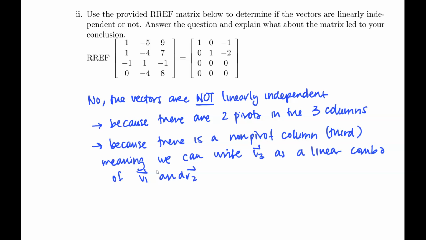So yeah, we have lots of different ways we could get to this, but something along the lines of referencing this column here, the fact that we don't have a 1, we don't have a pivot there in this position, or even the last position, is telling us that we are in trouble here, and that we could actually write this column as, oh, it looks like it's definitely a -2 times this first one, right?